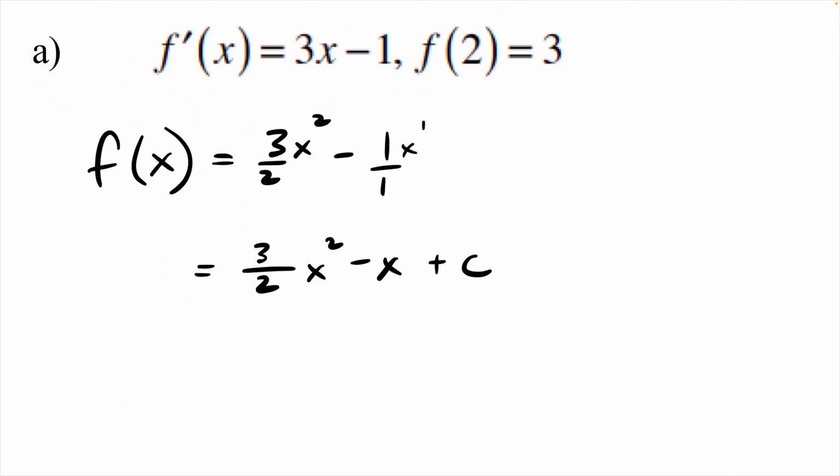And then plus c, right? Remember plus c? So that's f of x. But they want us to be a little more specific with it. That's called the general f of x, because it has the c. They want specific, and that's where this guy comes in here.